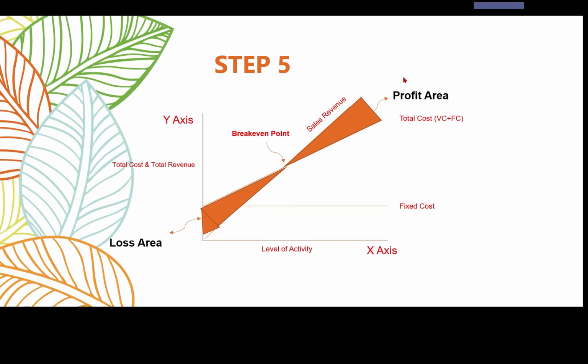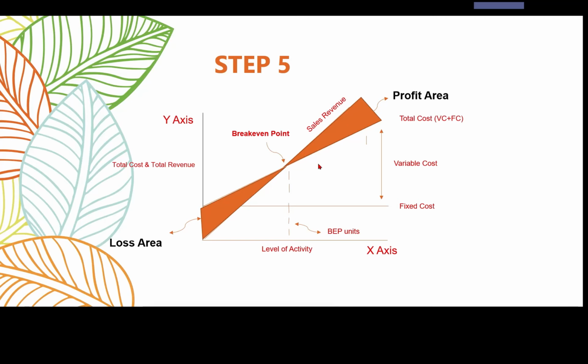So now, from that break-even point, the shaded area above will be your profit area, and the line below represents the loss area. The dotted line from the intersecting point will represent the break-even unit.